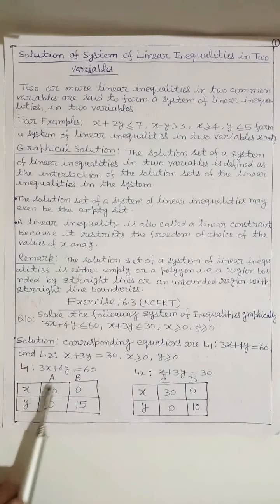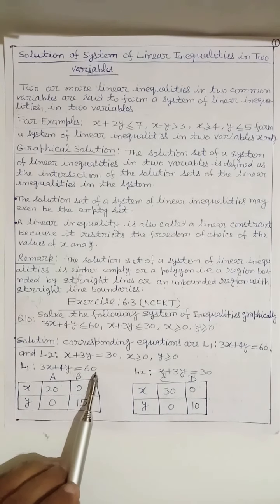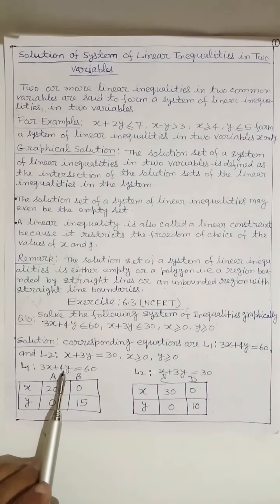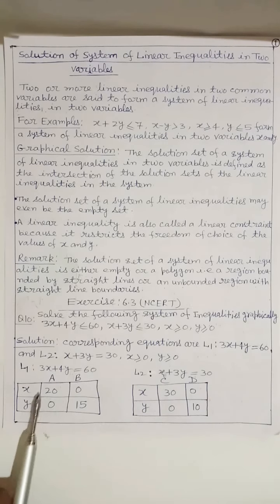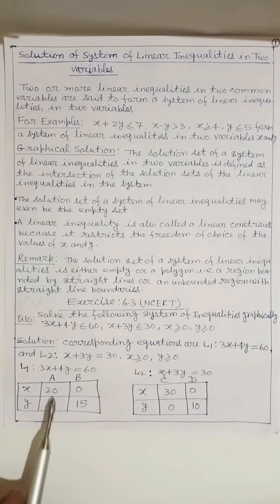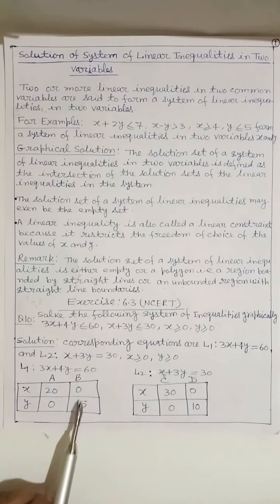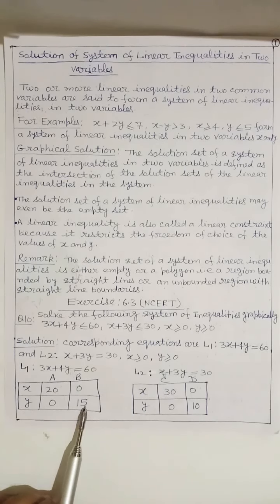For line L1, 3x plus 4y equal to 60, the table of values is given here. If x is equal to 20, y is 0. If x is equal to 0, corresponding y is 15.